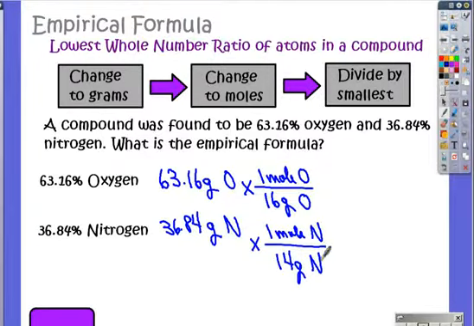Now for each of these, I'm going to punch them out on my calculator. For oxygen, I got 3.9475. And for nitrogen, I got 2.6314.